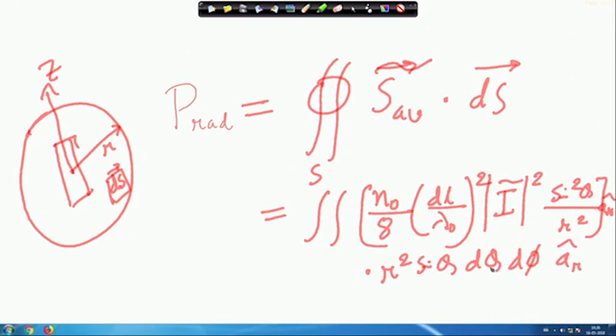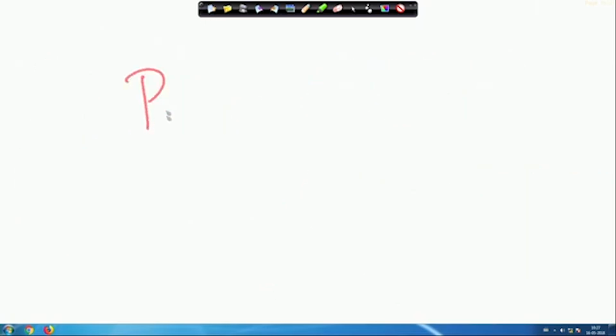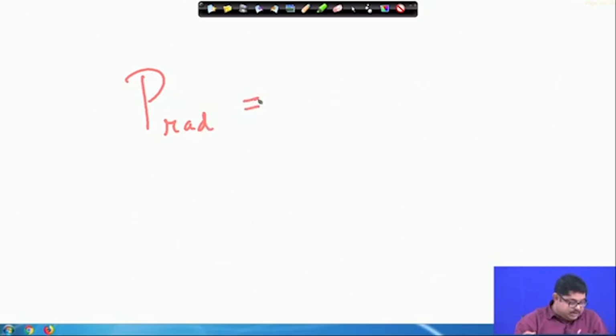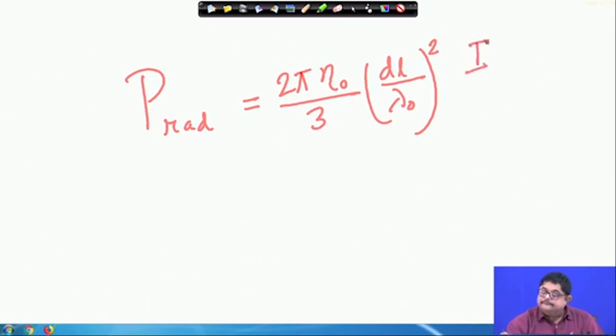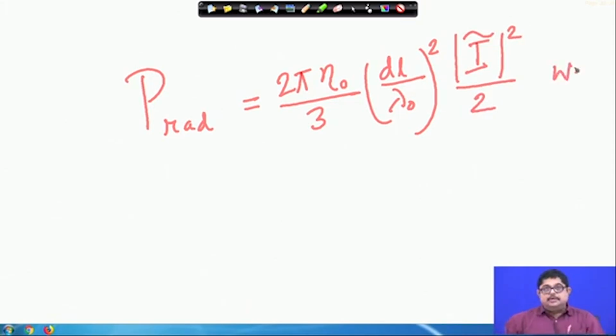And d theta means 0 to pi integration, d phi means 0 to 2 pi integration. So, if I do this, then let me go to the next page. I can find that this will be 2 pi eta naught by 3 dl by lambda naught square I square watt. So, the radiation intensity integrated, the total radiated power, is this.